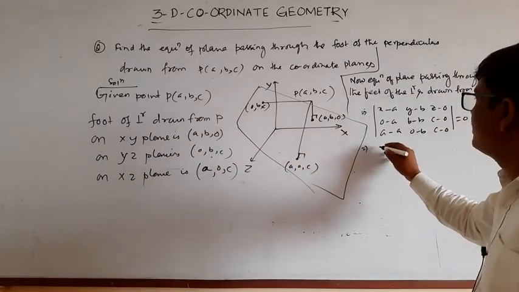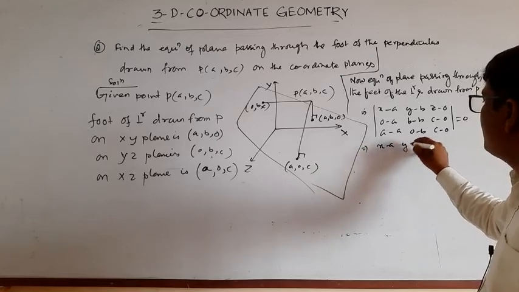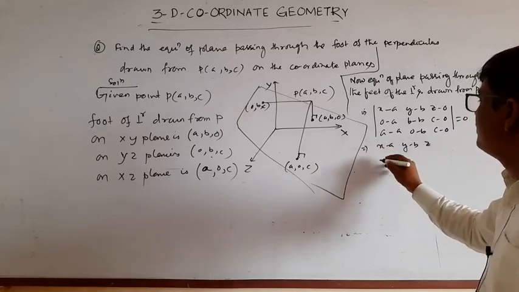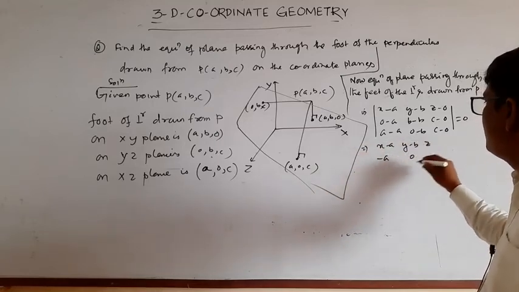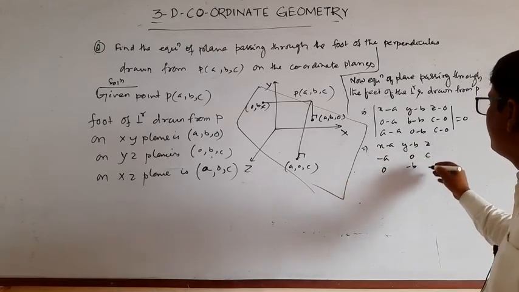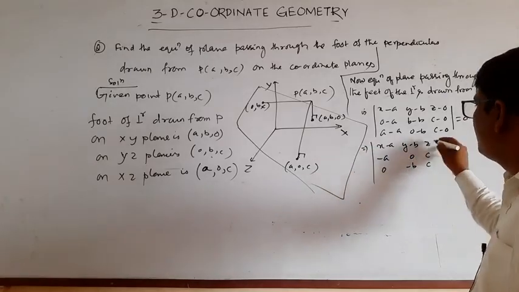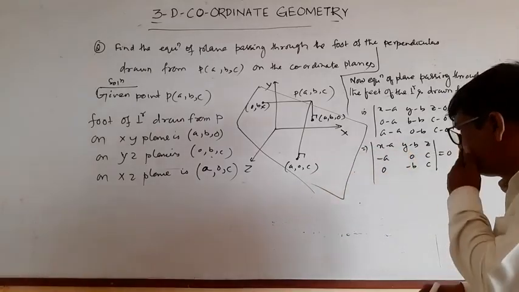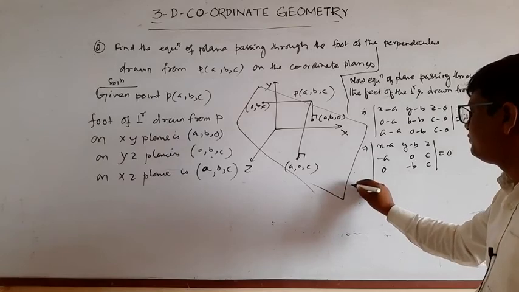So this is the determinant of x minus a, y minus b, z; minus a, 0, c; 0, minus b, c, equal to 0.